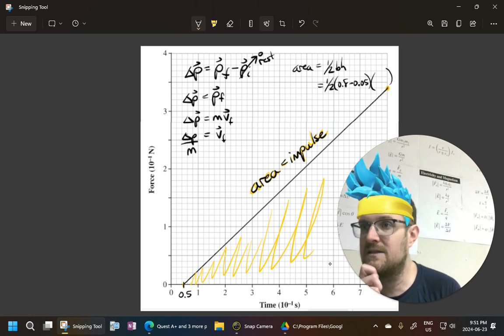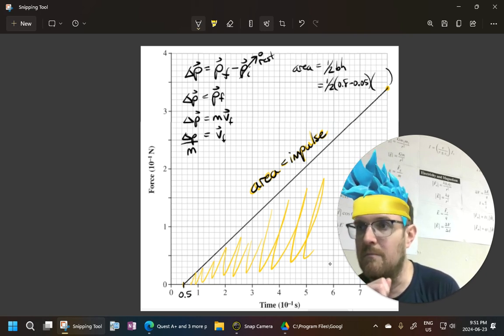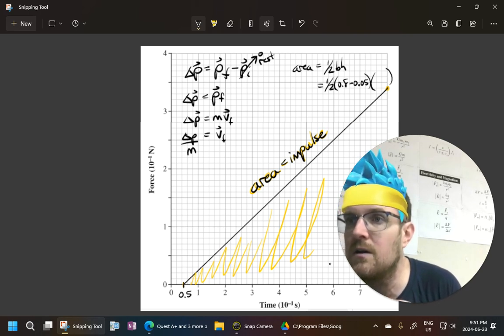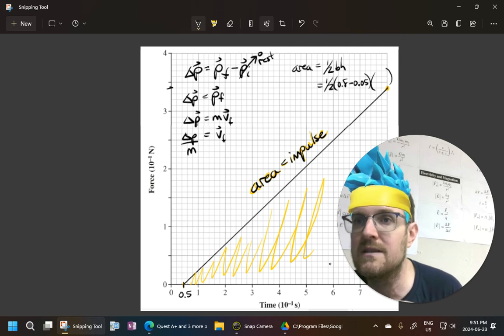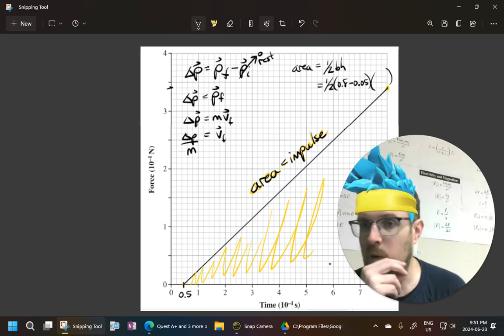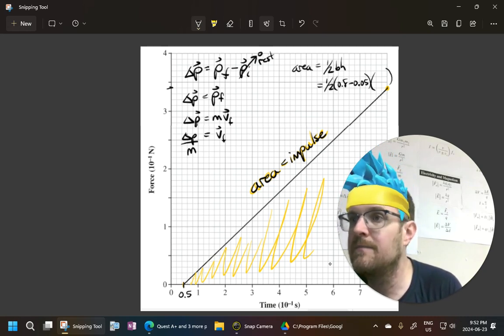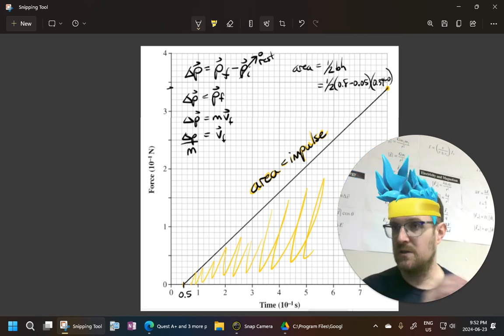And my height, I just have to read, because it starts at 0. If I want to put minus 0, I can. But if I look at my height here, go all the way across here, just underneath this major axis here, 1, 2, 3, 4, 5, so that's 3.4, but times 10 to the negative 1. So this is going to be 0.34 minus 0. So it's going to be newtons times seconds.